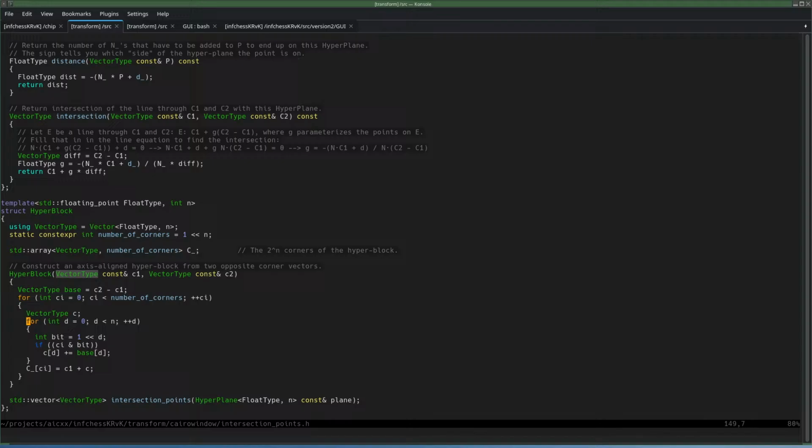And we run over all dimensions. And the d is then used as index into base. And well, n is 2, so we run over the x first. The 0 means x, and then we do d equals 1, which means the y.